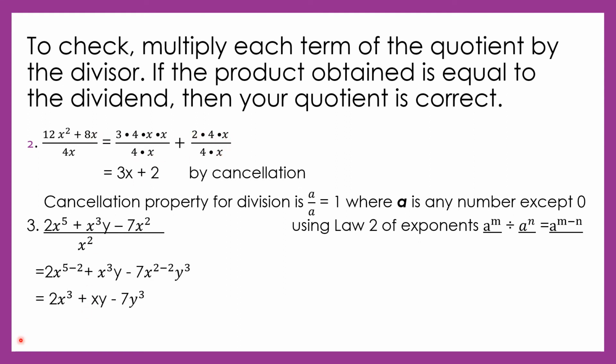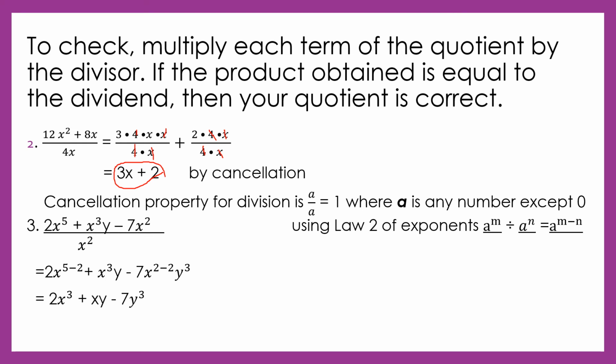So, what will we do there? We just cancel these. Then this one, x. 4. That's why we have 3 times x, 3x plus 4. So, that is the final answer. Always remember, the cancellation property for division is a over a is equal to 1, where a is any number except 0.